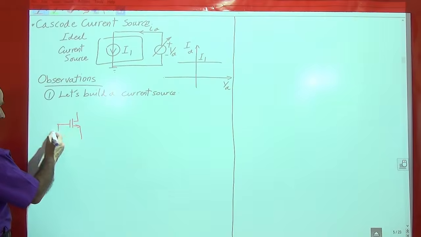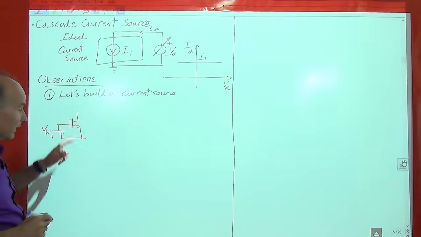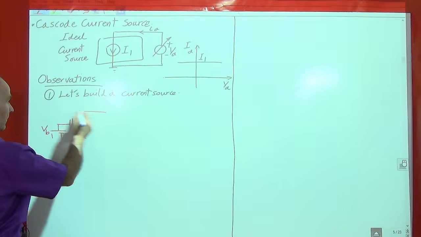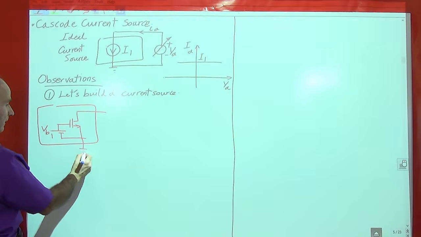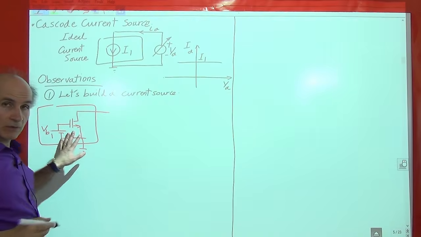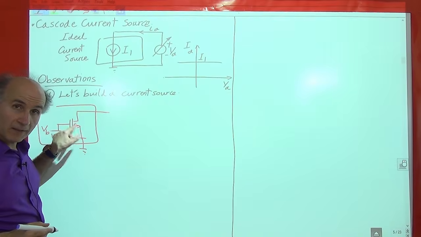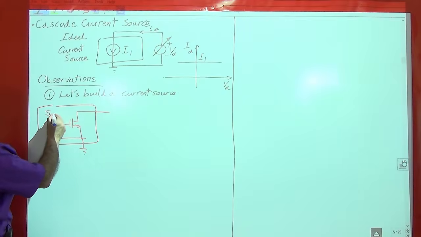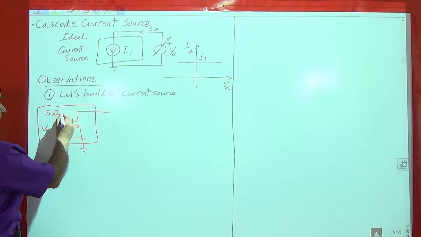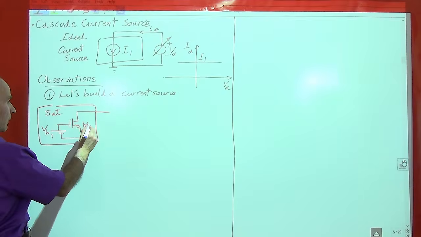So we put a battery here. We call it VB1. And we say this device, we can put it in a box. This is ground. And we can think of this as a current source so long as this MOS device is in saturation. So we're going to write saturation here to remember that's the case. And this is M1.